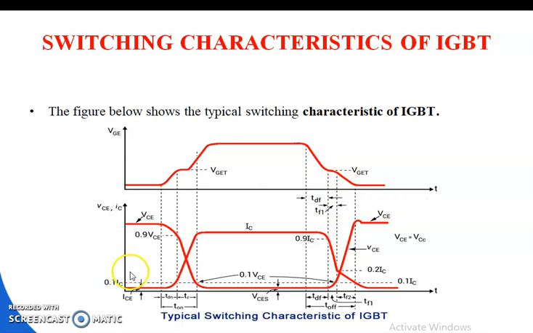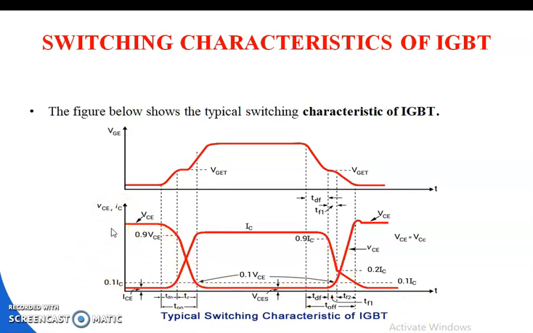Then the second diagram is a very important diagram, the major or main characteristics curve of the IGBT. It is the curve drawn between the collector current IC versus the time interval small t. There are two different curves drawn here.